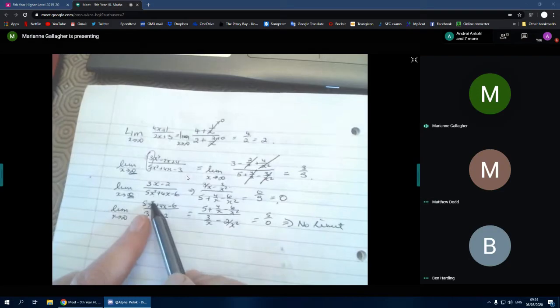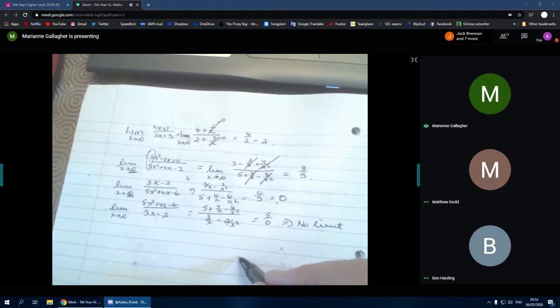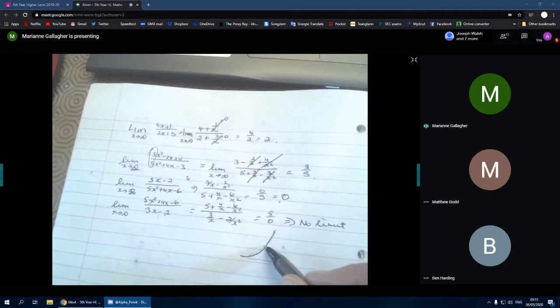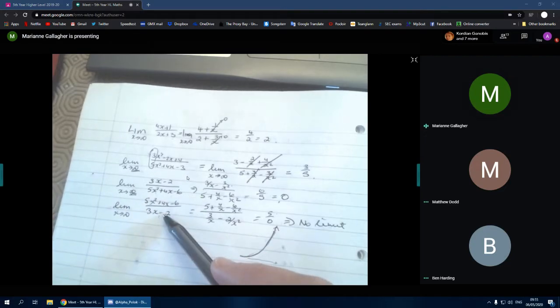And the reason there's no limit is that as x gets bigger and bigger, x squared is going to be way bigger than x. Think about your graph of x squared: it goes up quite quickly. So that is going to be much bigger than this, and at infinity, it's infinitely bigger.